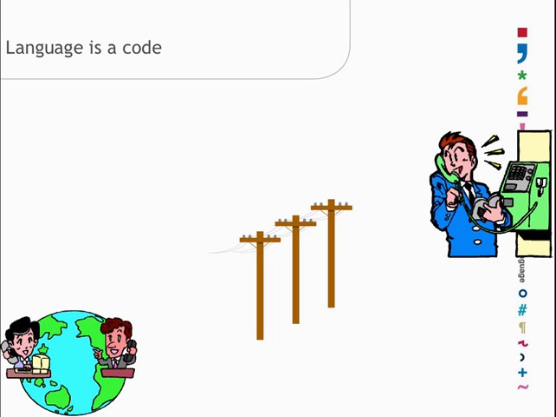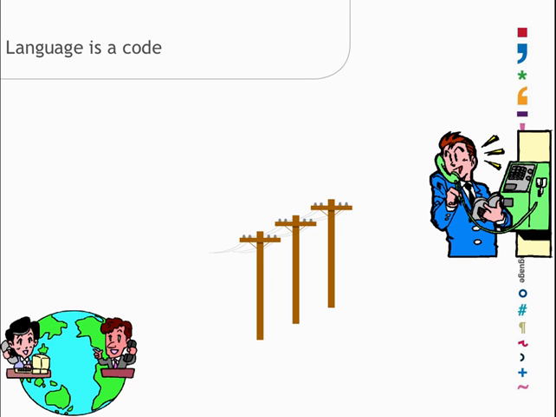And she has her telephone attached to her ear so that she can actually hear the sounds that are coming out of the telephone. Well, there's clearly a code involved here. There's sound being transmitted over a wire, the sound arrives at the other end, and it's decoded.